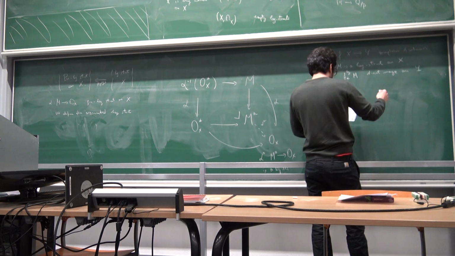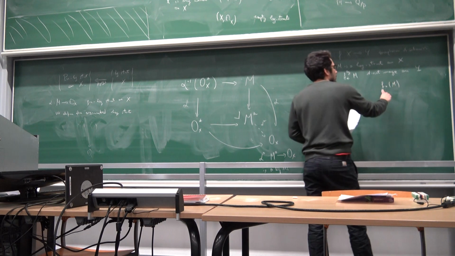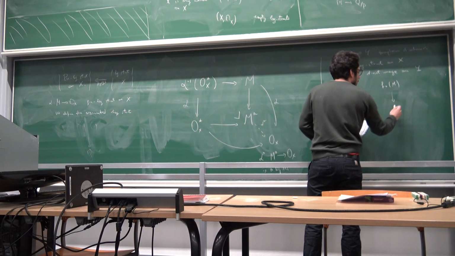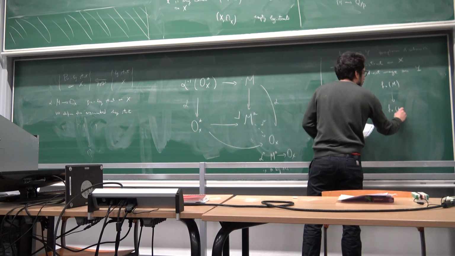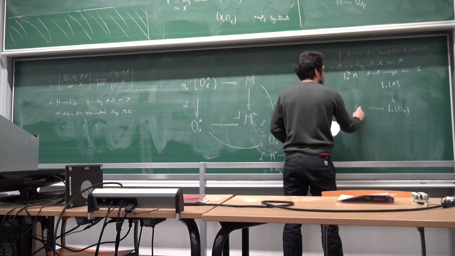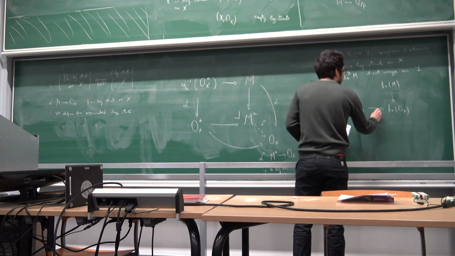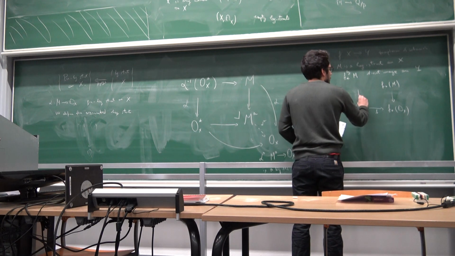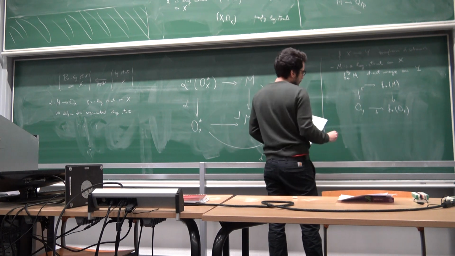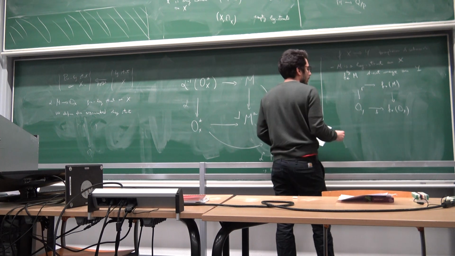And this will be a log structure on Y, and it is constructed as follows. So I take here the pushforward of the sheaf M. This will come with the map to f_* OX. Then the morphism of schemes gives a map in this direction. And we can consider here the pullback of this diagram.